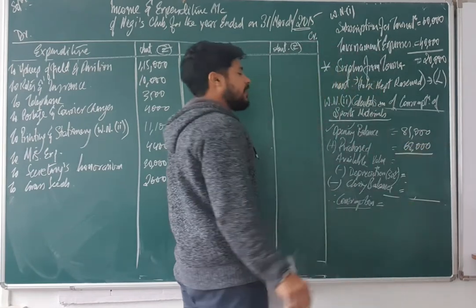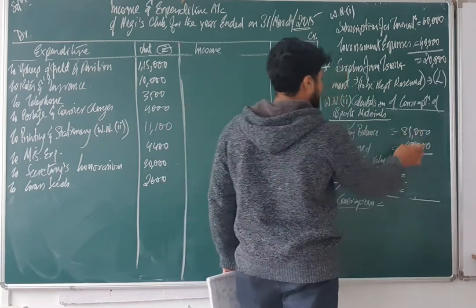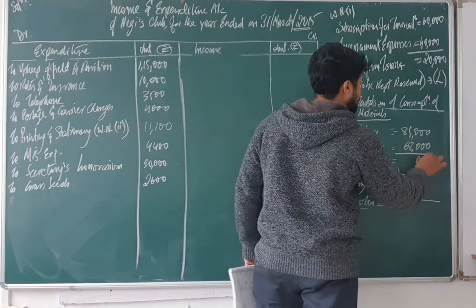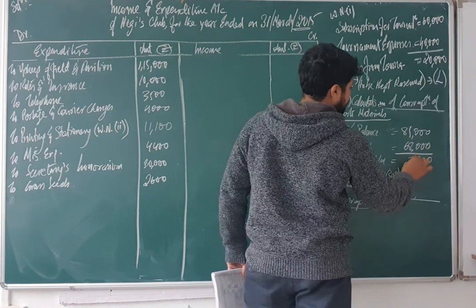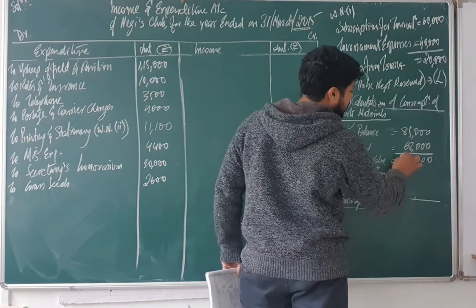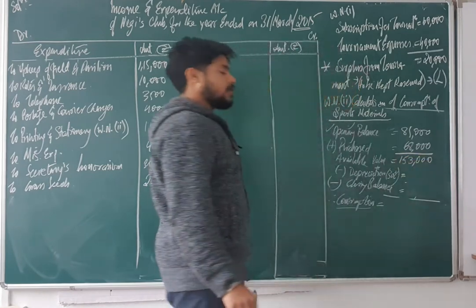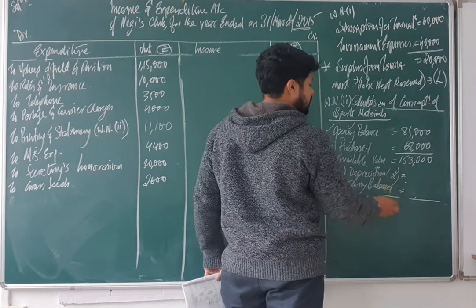That means the value available for us, add these two values, what are you getting? 1,53,000. 1 lakh 53,000. Okay. Then depreciation. This time depreciation is how much?